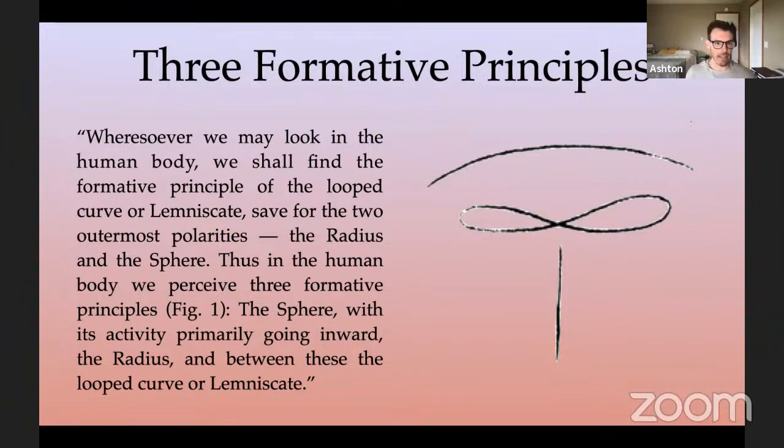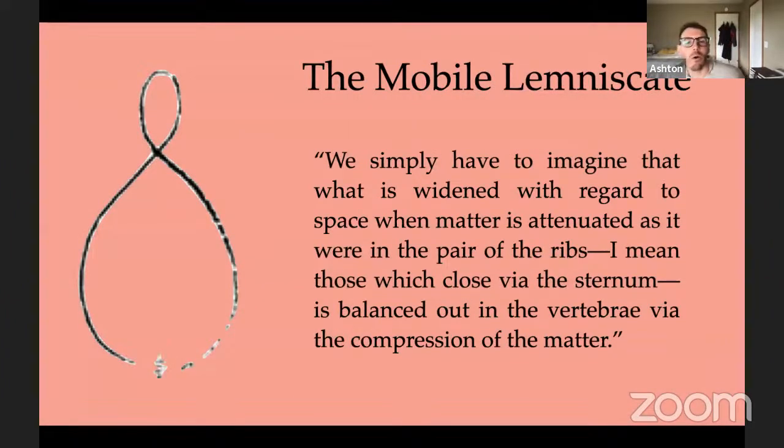And now he's working in the lemniscate more deeply and describes the morphological approach as a system that is informed or dynamized by these three forces, which he insists aren't to be thought of abstractly, but are very much concrete. So he leads us, as he does in other lectures, through a kind of imaginative exercise, this time with what he's describing as the mobile lemniscate.